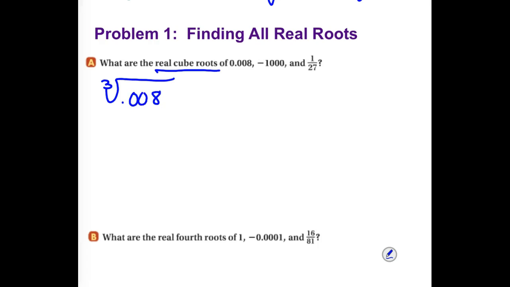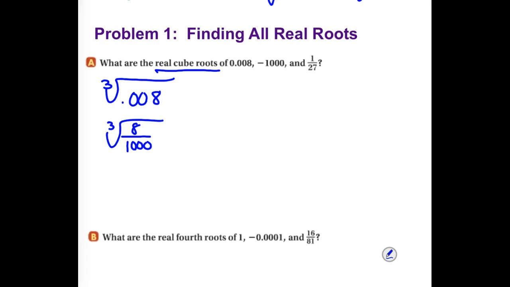How would I read that number? 0.008. If I were to read it in terms of its place value, what would I say? 8 thousandths? So let's say you're trying to find a root of a decimal like this and you don't have a calculator handy. We can think of it in its fraction form. When you take the root, any kind of root, of a fraction, you just take the root of both the numerator and denominator.